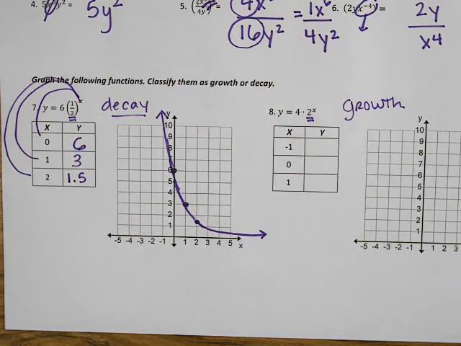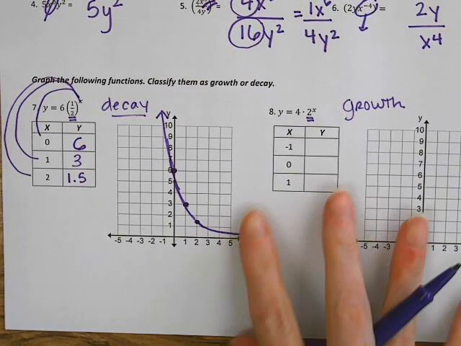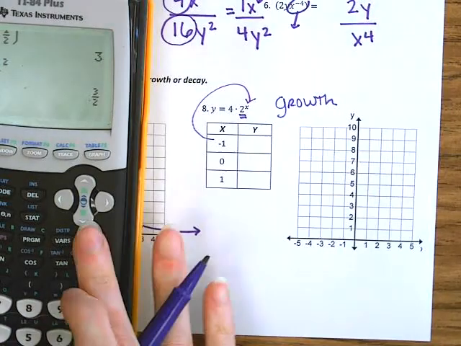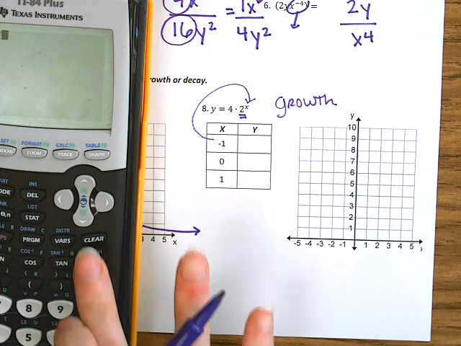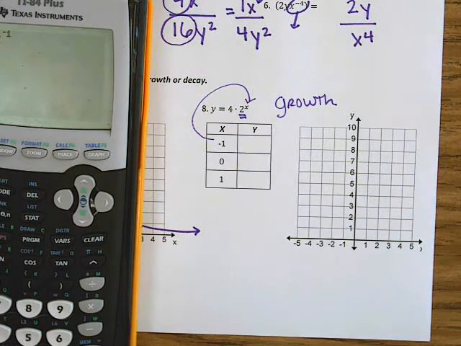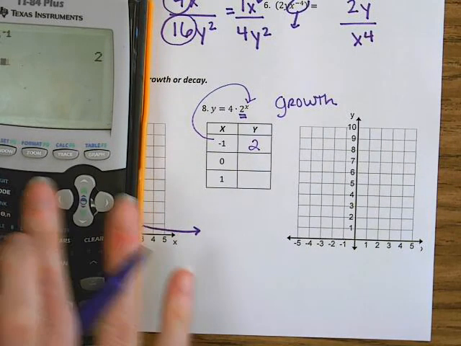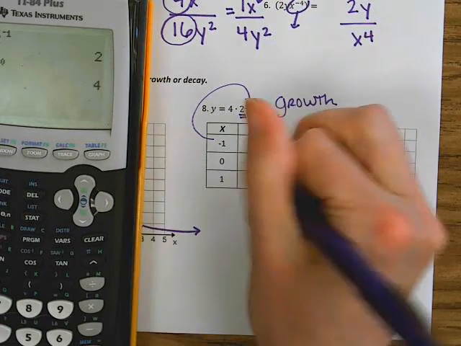All right, so number 8 is very similar. Oh, it's a review. Let's do it. So number 8, we're going to plug in -1. So it's 4 times 2 raised to the -1 power. You get 2. And then we're going to have to raise it to the 0 power. You get 4.